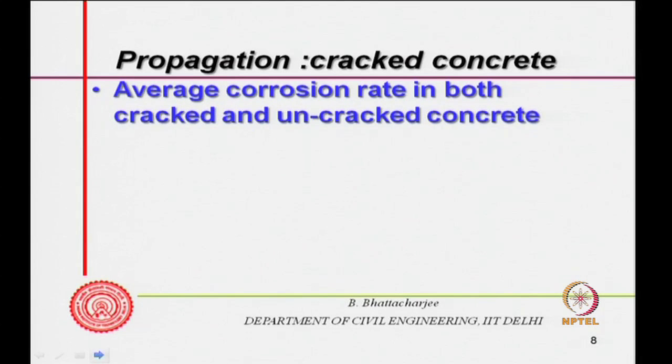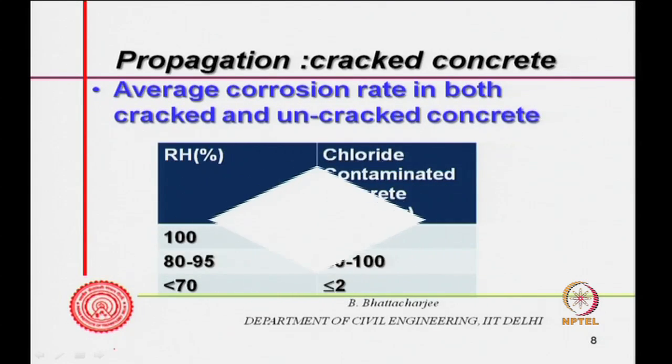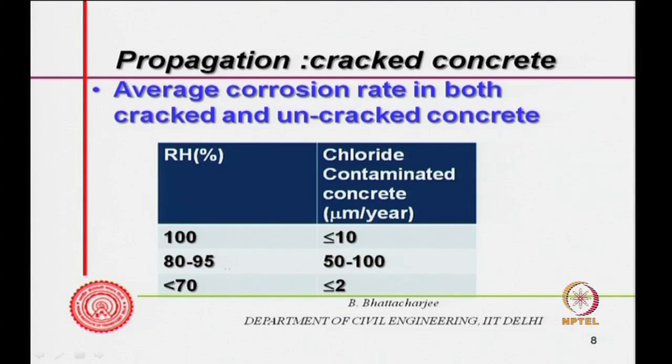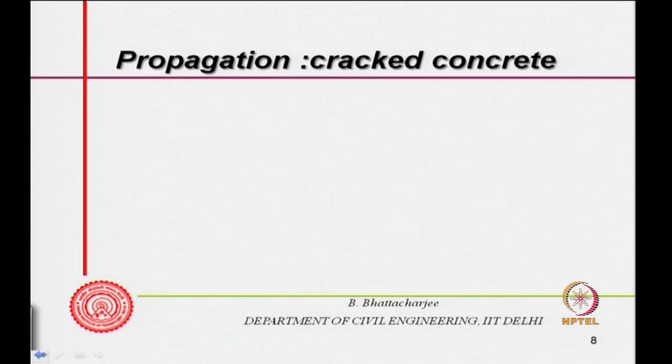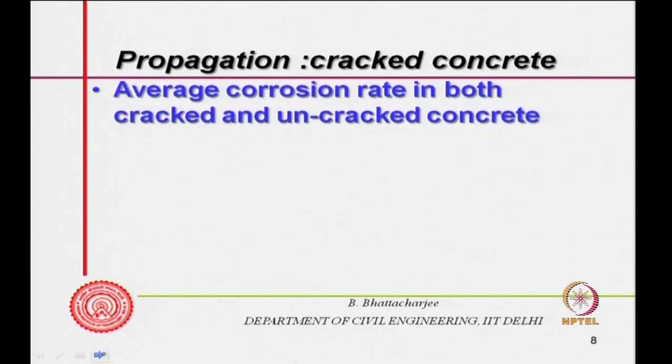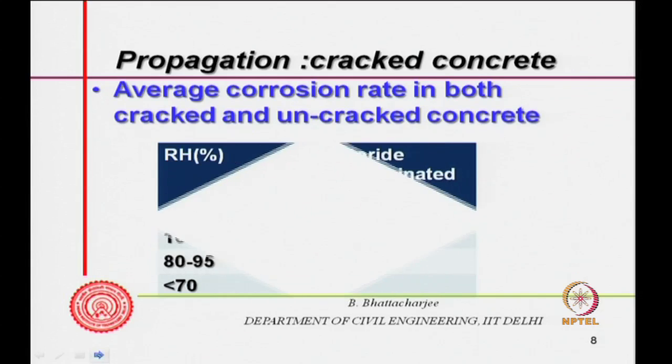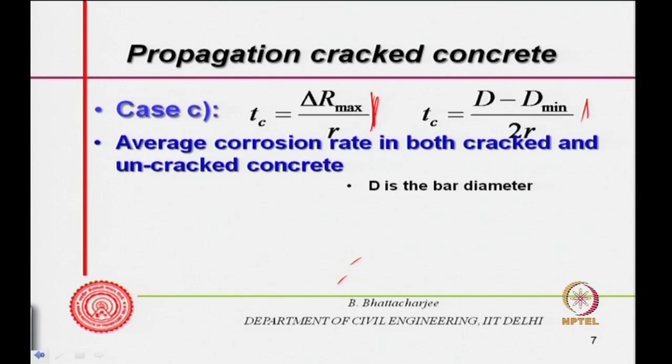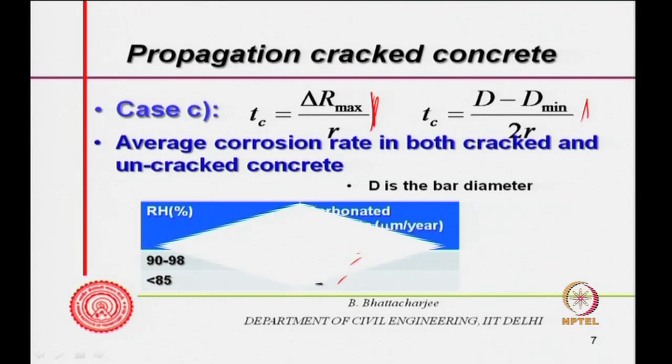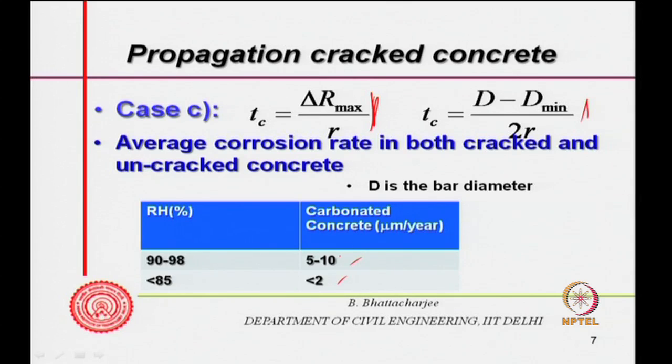But let us understand the average corrosion rate in both cracked and uncracked concrete. For relative humidity in chloride contaminated concrete, these values are given for average corrosion rate. This is for chloride, and this is for the carbonated situation, where average corrosion rate is given here, and time is given by this formula, where R you can determine from this.